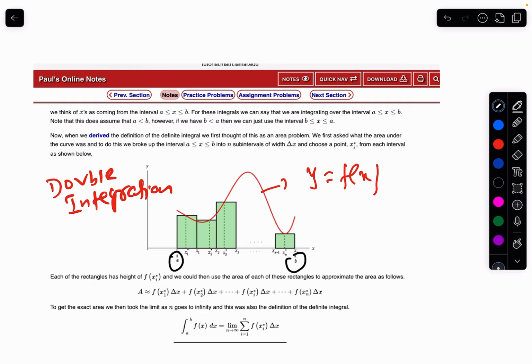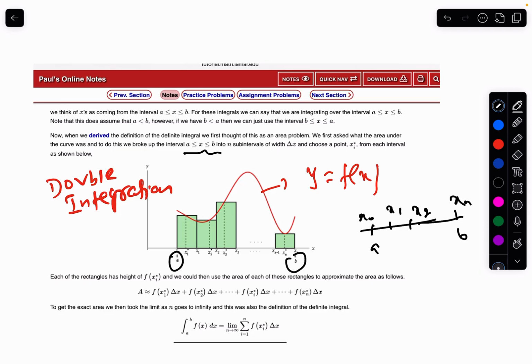So what we do here is we just break the interval a to b into subintervals. Let's say here we write x0, xn, so x1, x2, and so on.